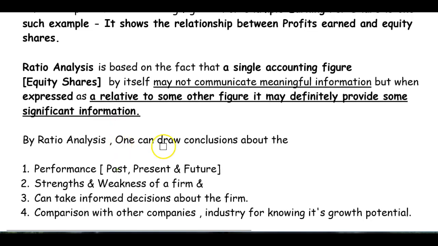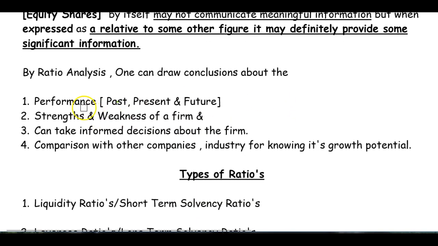By ratio analysis, one can draw conclusions about the performance, past, present and future. For example, if you take the Infosys company and look at the financial statement, let's say earning per share is 1000 per share. Just by looking at the earning per share, we can say that this company is performing well.